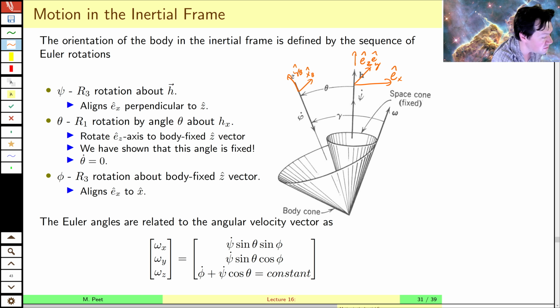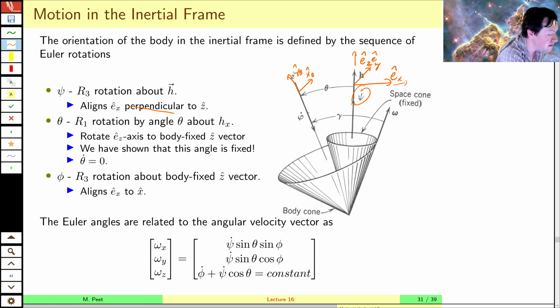So the first one is a rotation about the angular momentum vector. And what that does is it lines up this E hat x to be, well, I guess perpendicular is actually not really the right word.